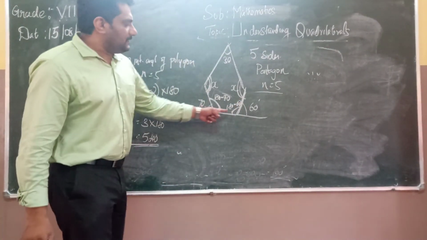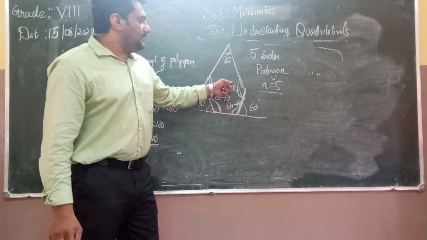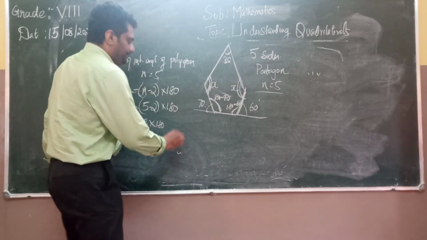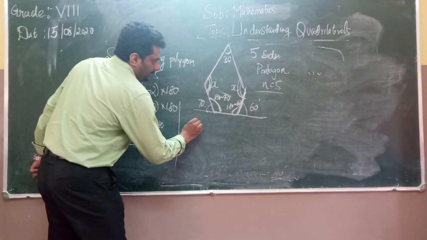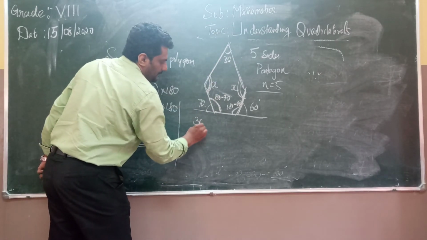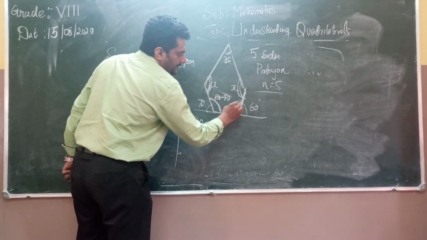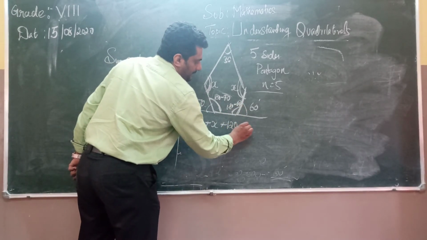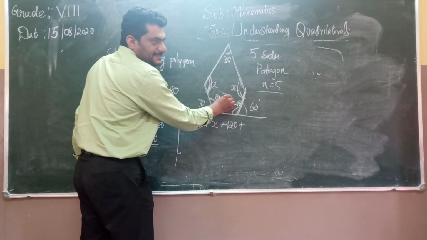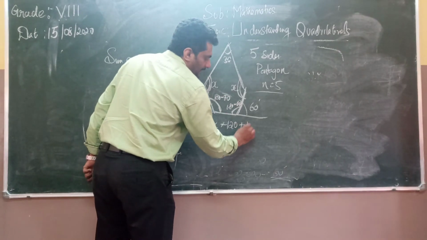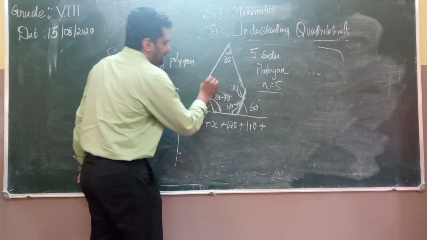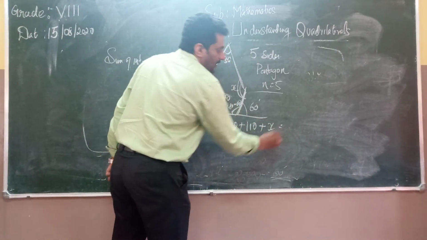Now we got this angle, this angle, this angle. Let's try to get this angle. 30 plus x plus how much is 180 minus 60? 120 plus 180 minus 70? 110 plus x.